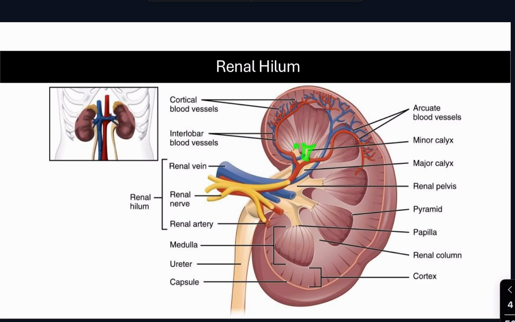These are the smaller structures that feed out from the renal pyramids. These are the renal pyramids that we saw, right? We talked about the renal columns and the renal pyramids that are formed as a result. So that's a minor calyx. And then the major calyx is going to be quite a few of these minor calyces merging into a major calyx. Okay.